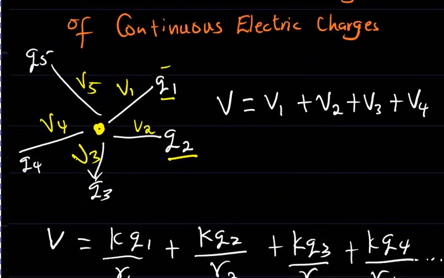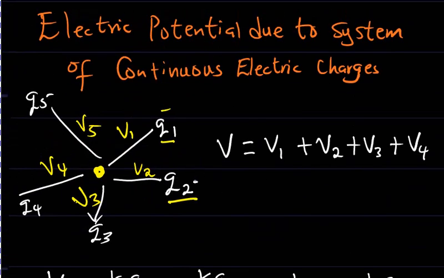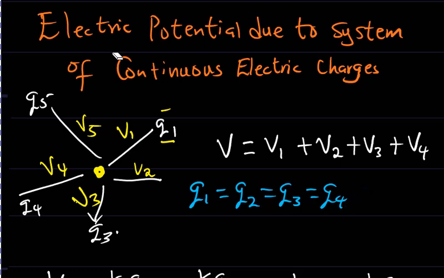Okay, so of course you know what happens if this is 2 microcoulombs, this is 3 microcoulombs, and this is 4 microcoulombs. Or better still, let me just make it easier. Let's say all of them are equal: Q1 is equal to Q2 is equal to Q3 is equal to Q4 is equal to Q5, and all of them are 2 microcoulombs.